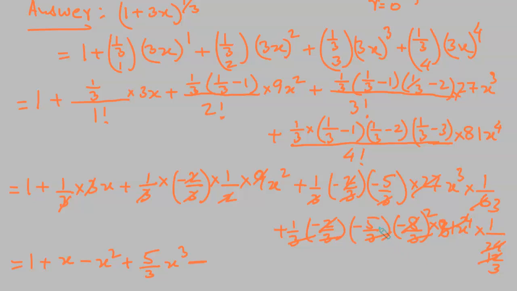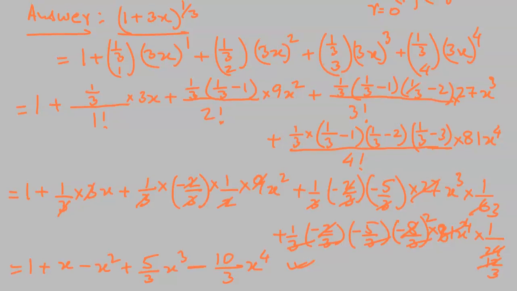So it is 10 in the numerator, 5 times 2, and 3 in the denominator, and x to the power of 4. So this one is the first 5 terms of the expansion of 1 plus 3x raised to the power of 1/3, which is cube root of 1 plus 3x.